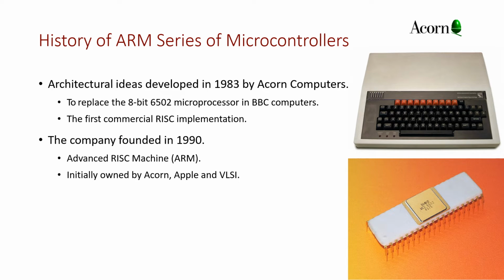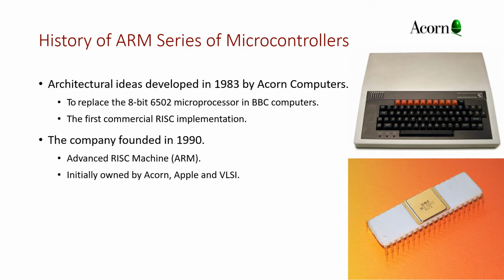When we discuss the background, how and when it evolved in the microcontroller processors category, it was developed in 1983 by Acorn Computers. You can see the Acorn company and its icon on the right top of this slide.